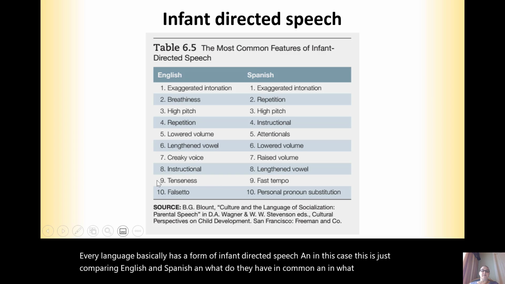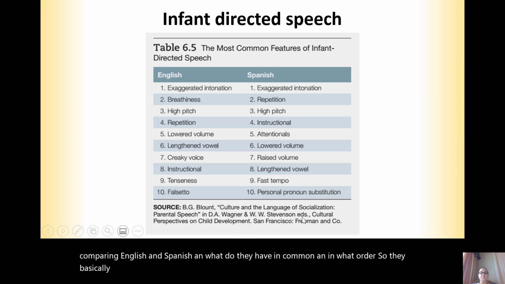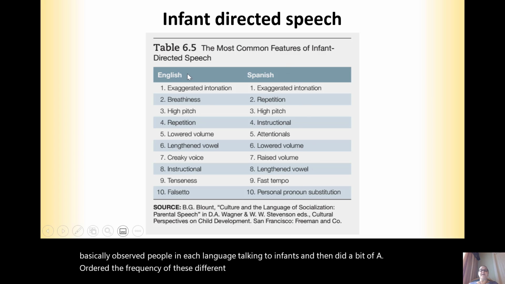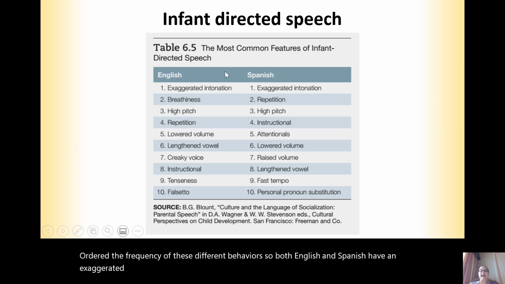So they basically observed people in each language talking to infants, and then ordered the frequency of these different behaviors. So both English and Spanish have an exaggerated intonation. That's where you really draw it out and you make everything very exaggerated.